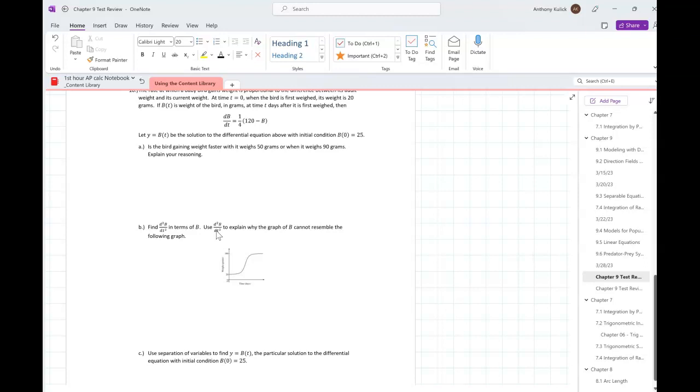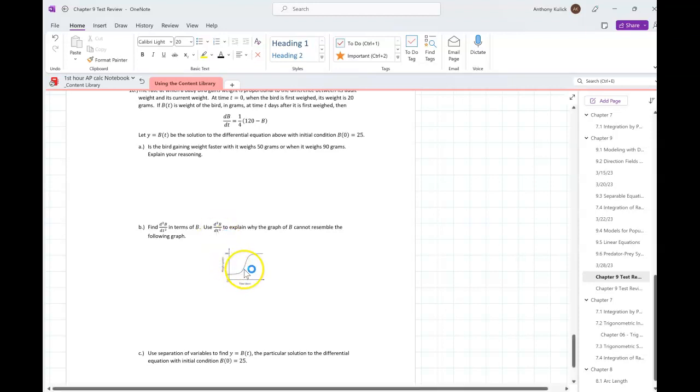Do you remember which one is which, or how do you tell from the second derivative the concavity? Great. Positive and negative is going to tell you whether the graph is concave up or concave down. Concave up is positive, concave down is negative.